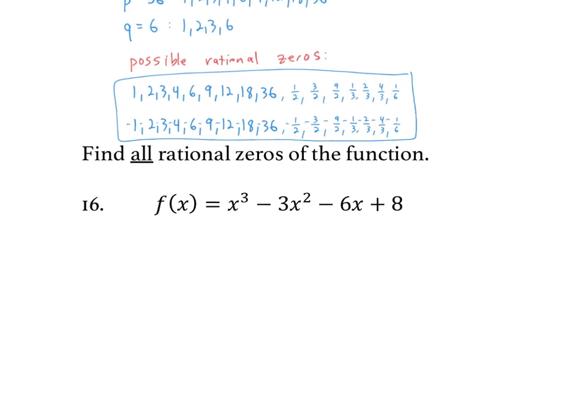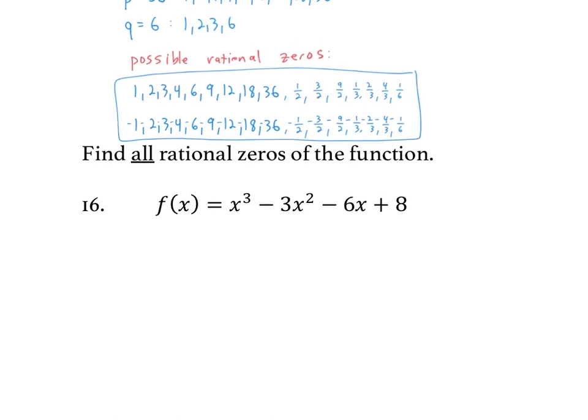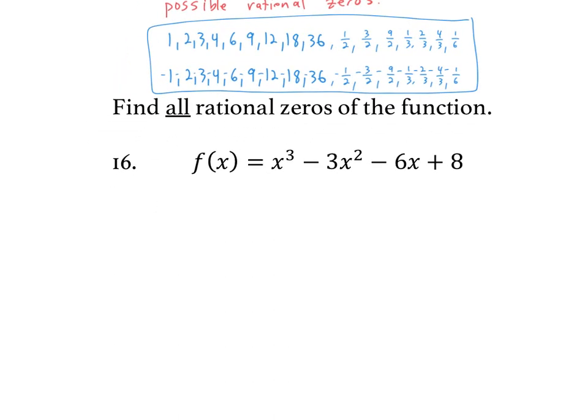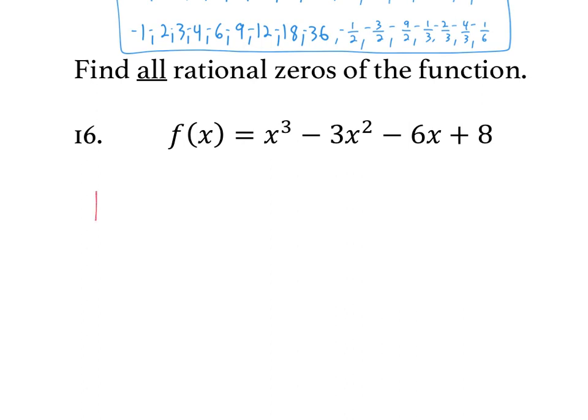Okay, so last one, find all rational zeros. Okay, so we'll start out the same way as the last one. Okay, and keep in mind q is 1 because q is the first number, but if there's no number, then it's 1. Okay, list factors, and then possible rational roots.